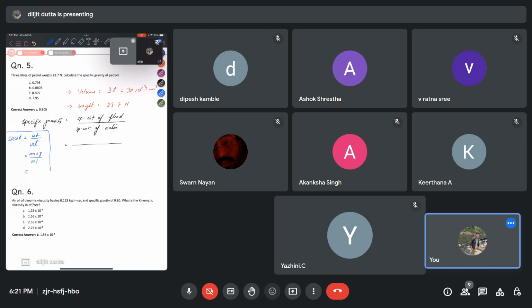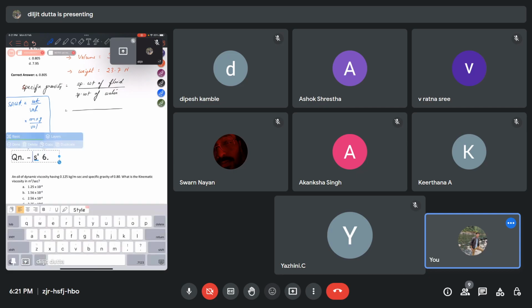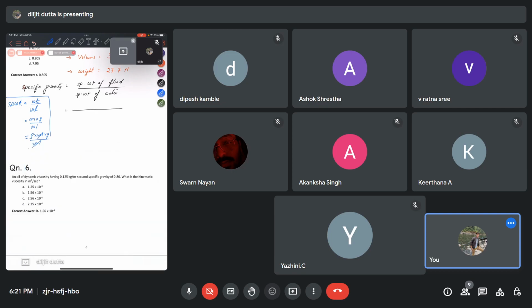And mass you can write in terms of volume, so mass equals rho into volume. So it is rho into volume into g divided by volume. If we cancel volume from numerator and denominator, we get rho g. So this is specific weight.